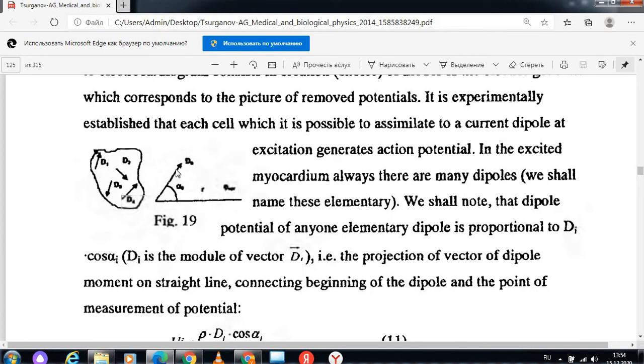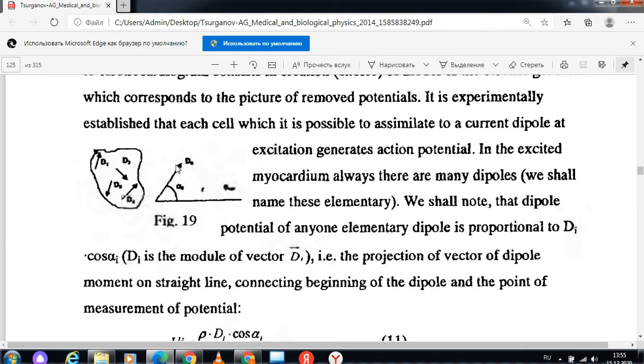Di is a dipole vector. The model of this is dipole vector d. In other words, this is a projection of the vector of the dipole moment on a straight line.